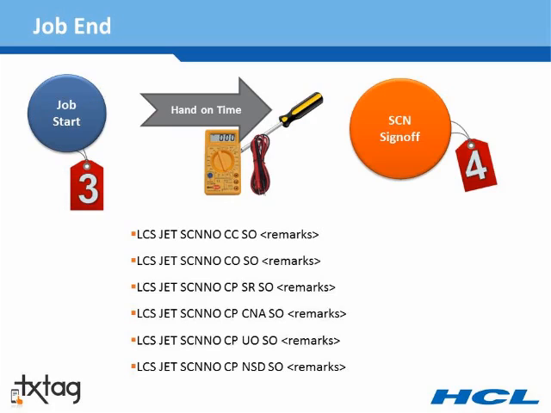Now what is the meaning of call closed? Call closed means that the customer's equipment is now working, it is made working, the customer's equipment is usable, but there is something pending at the customer place. Let us say you have changed the SMPS, or you have given some equipment to the customer and solved the customer's problem, but we have to take back the SMPS from the customer place.